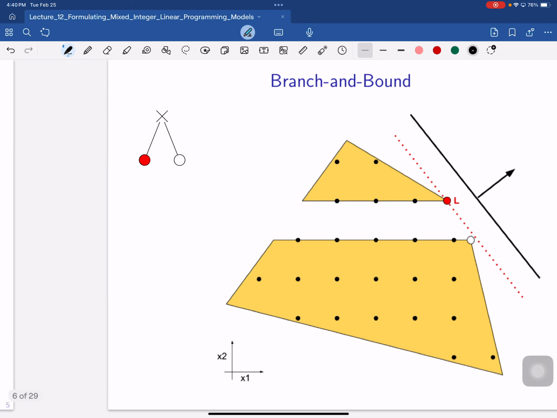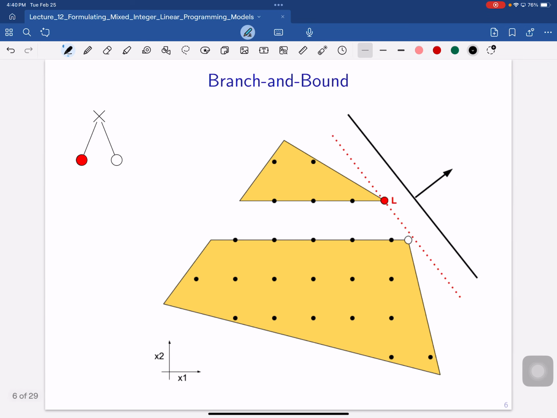Now, let's use this figure to visualize how a branch and bound method works. Remember at the root node, we got a fractional solution. Remember, if you draw the whole figure, this solution is what we got at the root node. It's a fractional solution. Now what you can do is some branching on variable x2 and split this problem into two parts.